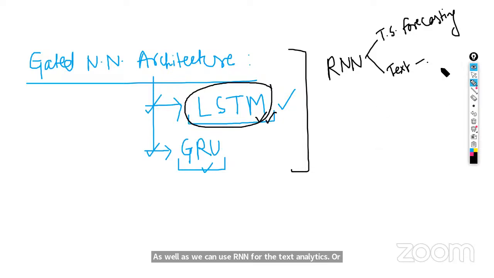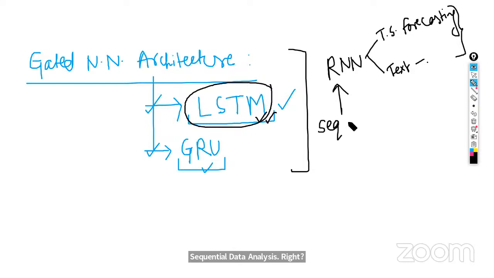And I also explained a very important term: we call these two applications sequential data analysis. So RNN is used for sequential data analysis.